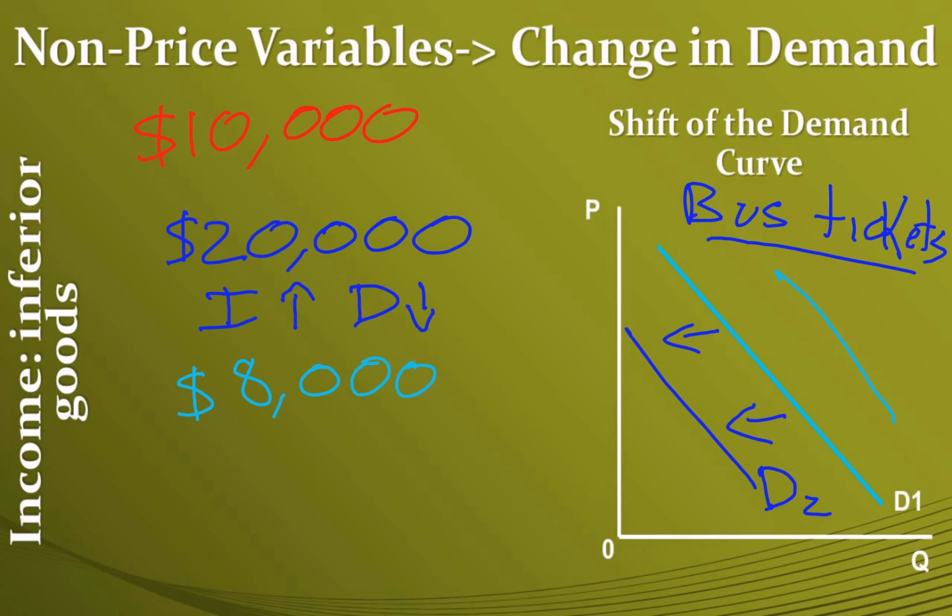So what will happen is your demand for bus tickets will increase. So for a decrease in the income, there is an increase in the demand. Again, only in the case of what we consider inferior goods, because of the availability of higher or more luxurious goods.